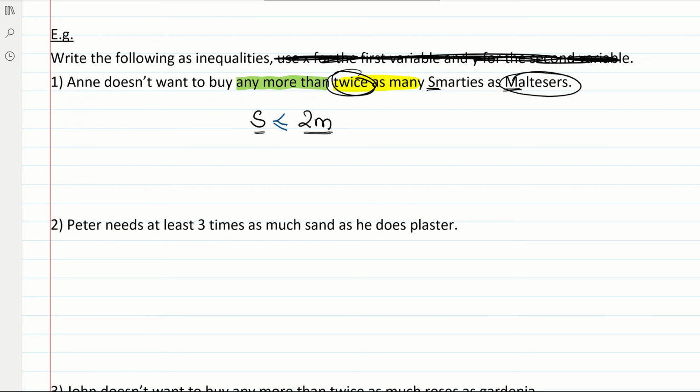Peter needs at least, so let's start there, at least. That means bigger than or equal. 3 times as much sand as he does plaster. So the sand, okay, is 3 times the plaster.